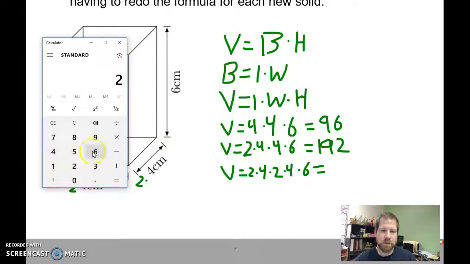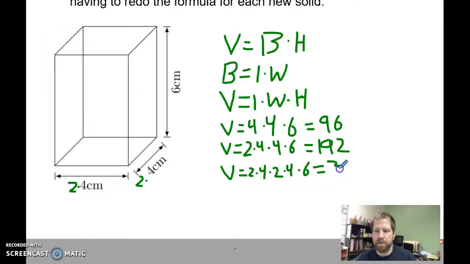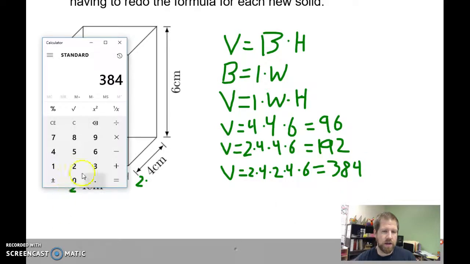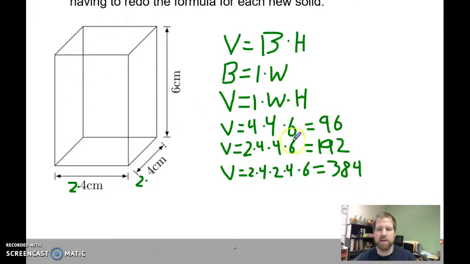Let's see. 2 times 4 times 2 times 4 times 6 is 384. If we divide that by 2, it's back to 192. If we divide it by 2 again, back to 96. So it is 4 times as much.